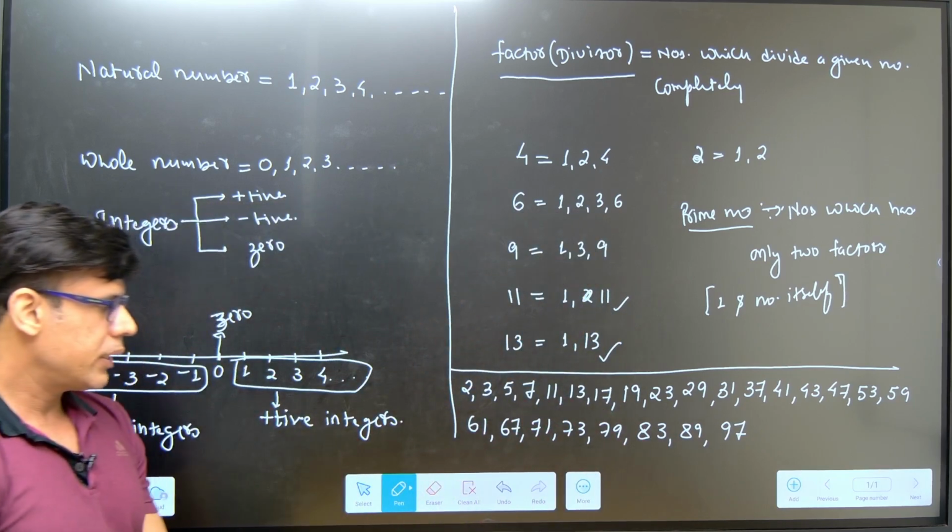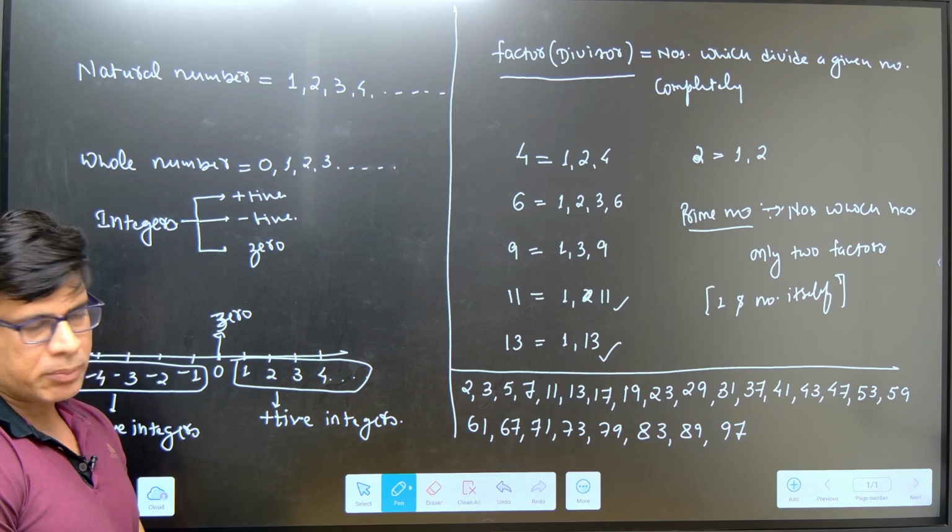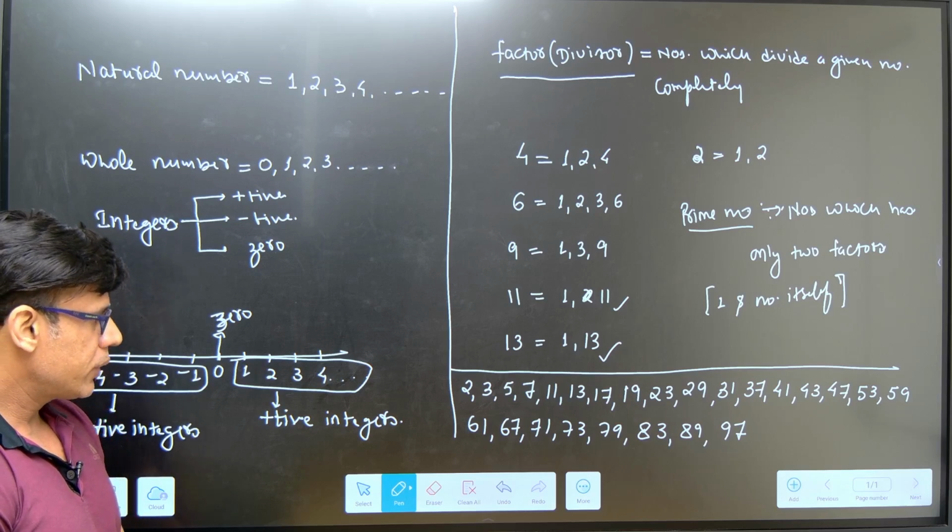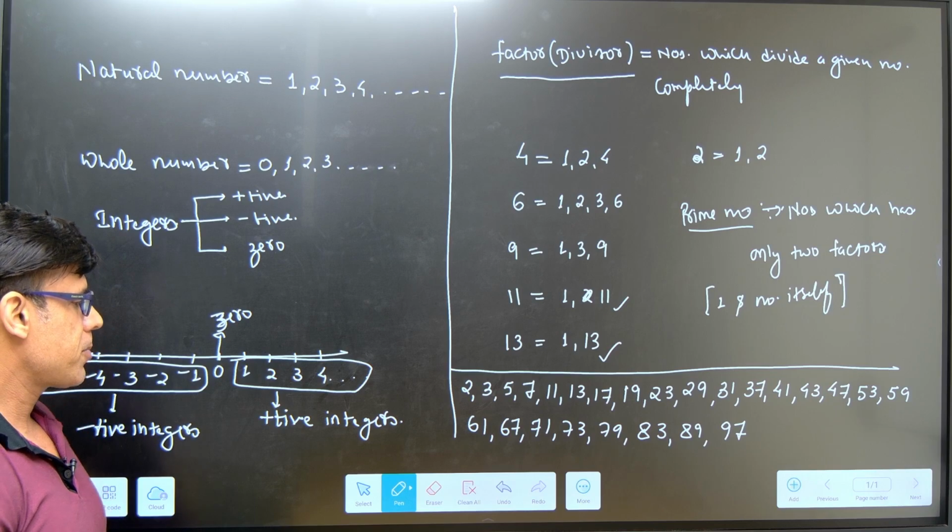So from 1 to 100, there are a total of 25 prime numbers.